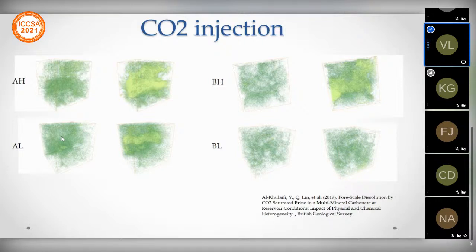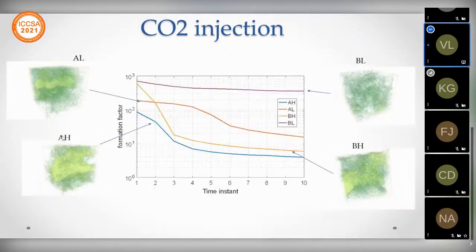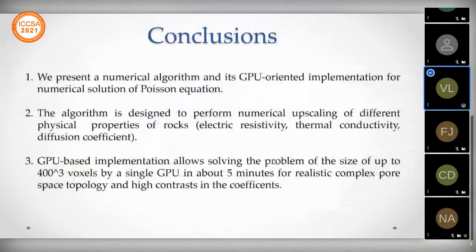Then we perform simulation, solve the Poisson equation and estimate the formation factor at each stage of the CO2 injection. You can see that the formation factor indeed decreases because the pore space gets bigger and bigger, and the path of the current gets straighter and straighter. As I told before, the samples were about 400 by 400 by 400 voxels, and each simulation took us about 5 minutes. And that's pretty much it.